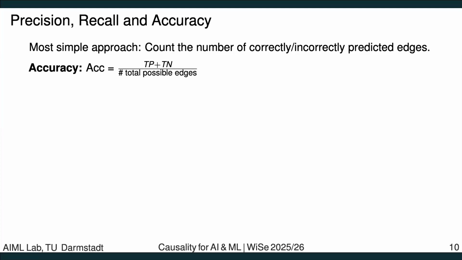Even worse, we could predict the complete opposite, that would be bad. But a lot of graphs that we deal with are, or can be assumed to be, sparse. And for graphs with n variables, we have n squared possible edges.